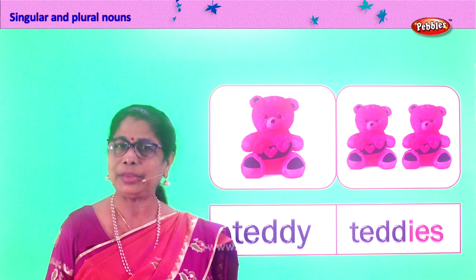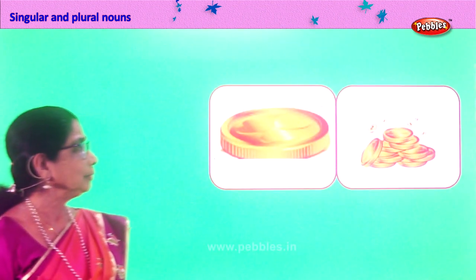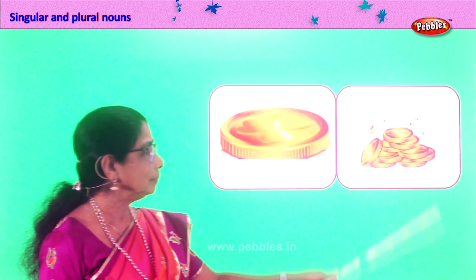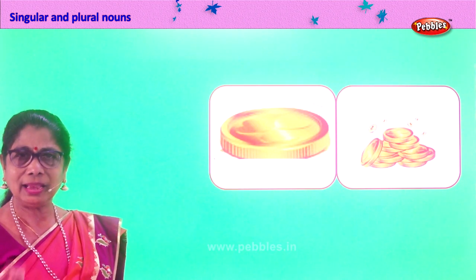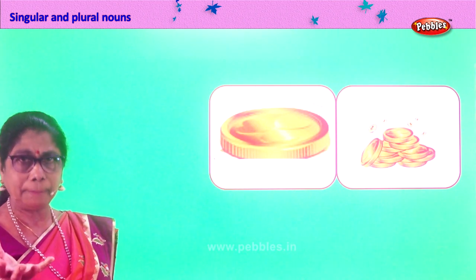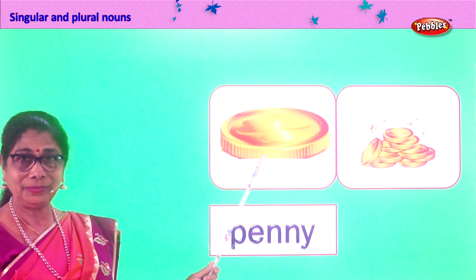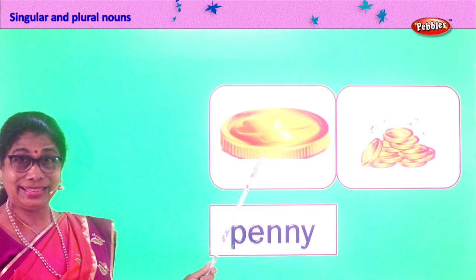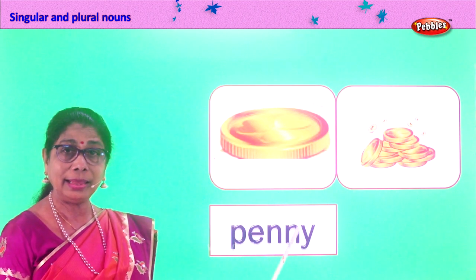Shall we look at another picture? Good. Look here. What do we see here? Penny. What is penny? Kind of coin, money, penny. Here you have one penny. Gold penny. Spell penny. P-E-N-N-Y.